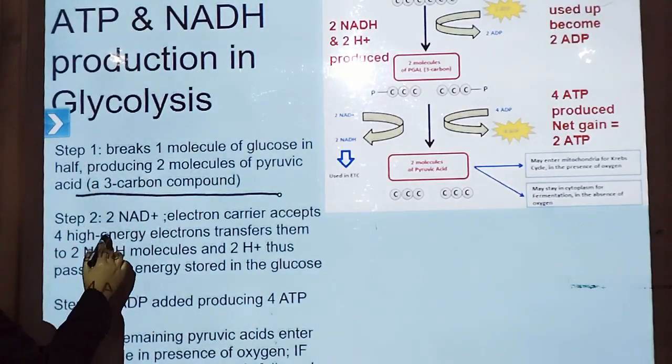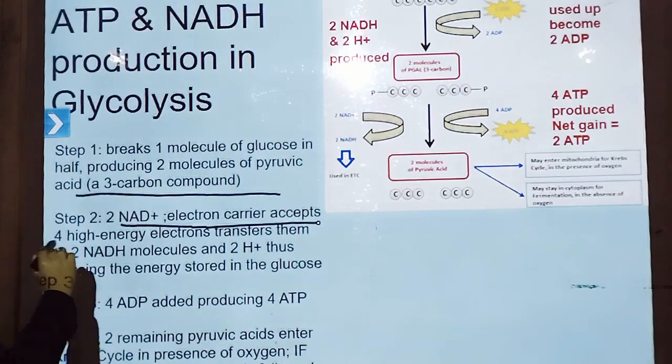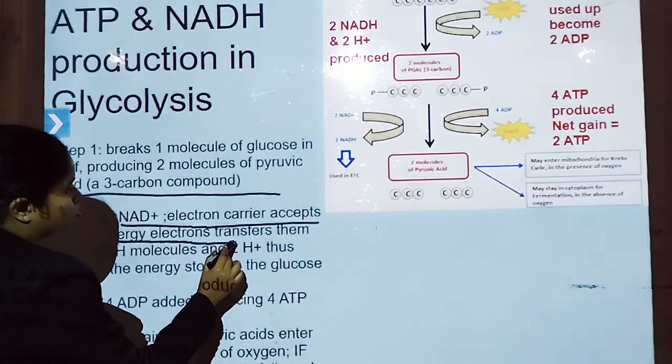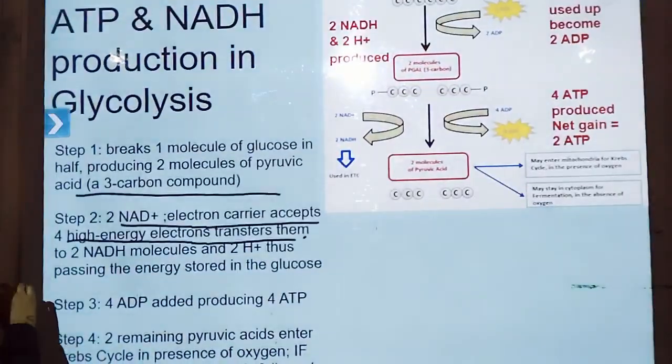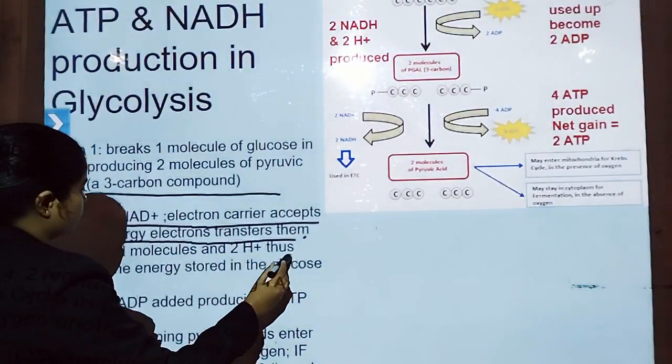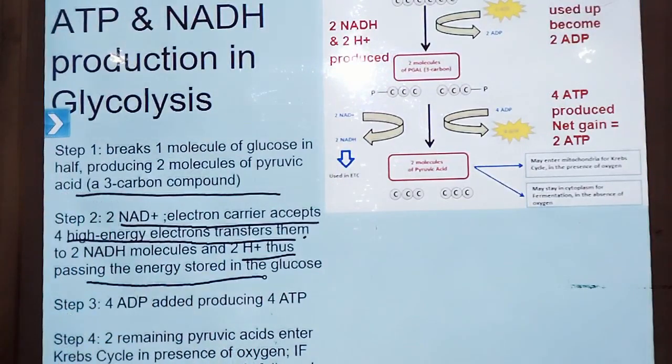Now second, NAD plus is an electron carrier molecule which accepts 4 high energetic electrons and 2 H plus, and thus synthesizes NADH plus H plus, or NADH2.